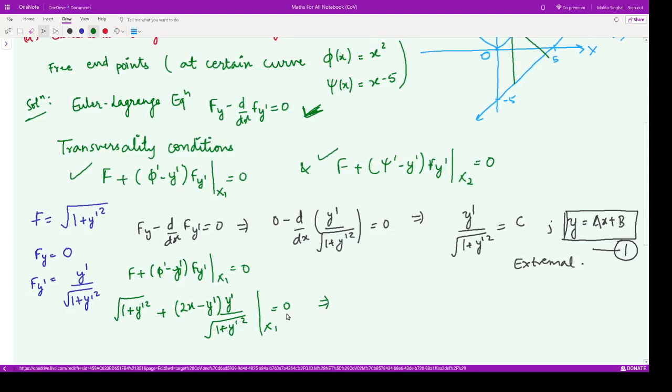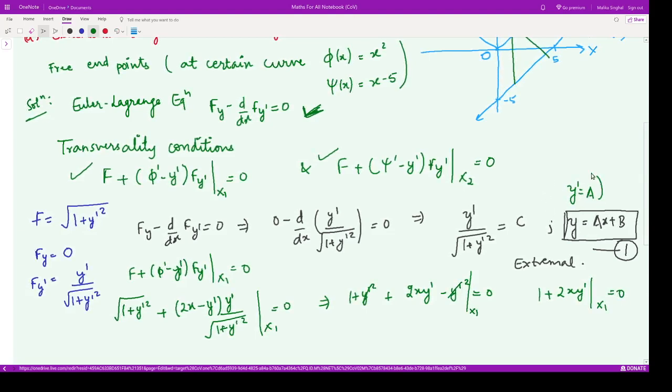So when we take the LCM, we get 1 plus y dash square plus 2xy dash minus y dash square is equivalent to 0 at the point x1. So this cancels. So we have 1 plus 2xy dash at the point x1 is equal to 0. Now this is our y, so y dash would be a.